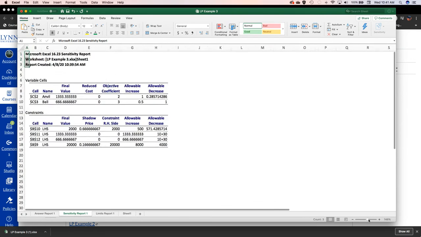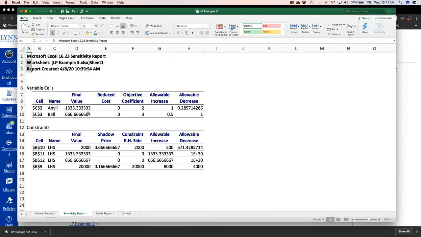For the sensitivity report, okay, we take a look and we see that our reduced cost is 0 for both. That means we're not leaving money on the table. And our shadow prices here, let's go ahead and make those dollars. The shadow prices here indicate that if we could sell more toys, that would be optimal.